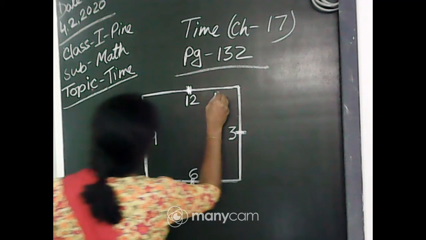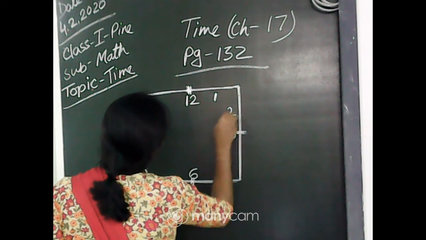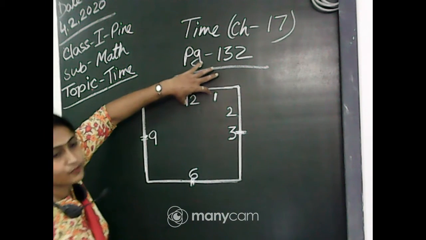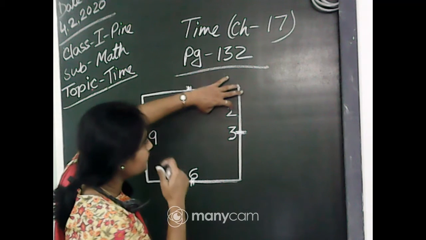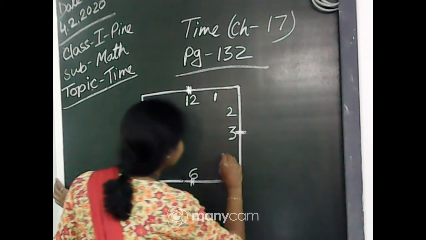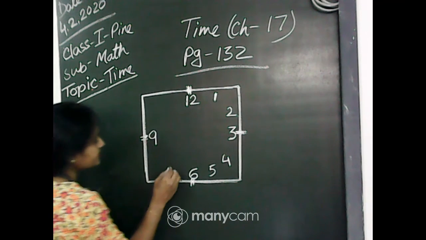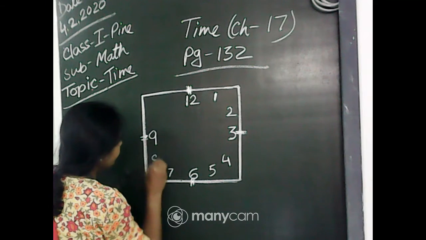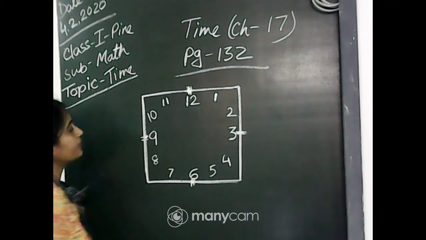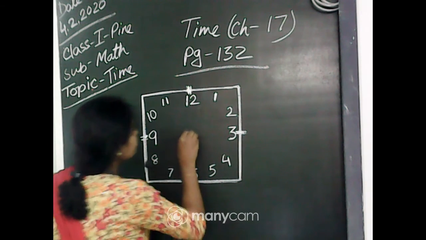Between 12 and 1, the gap is the same; 1 and 2, 2 and 3 should be the same. And after 3, 4, then 5, then after 6, 7, 8, then 10, 11. And in the middle, between 9 and 3, there is a middle.